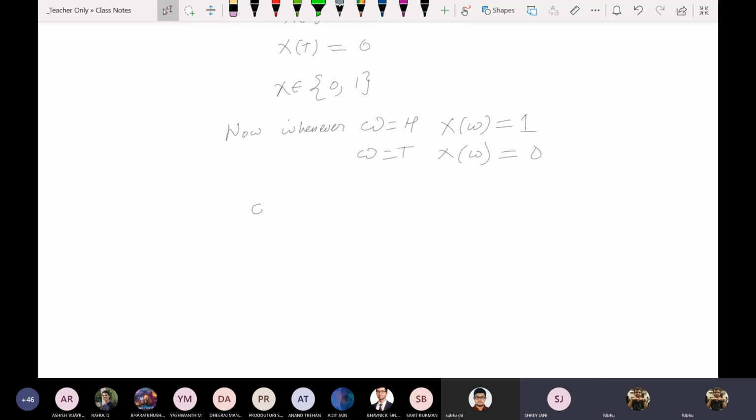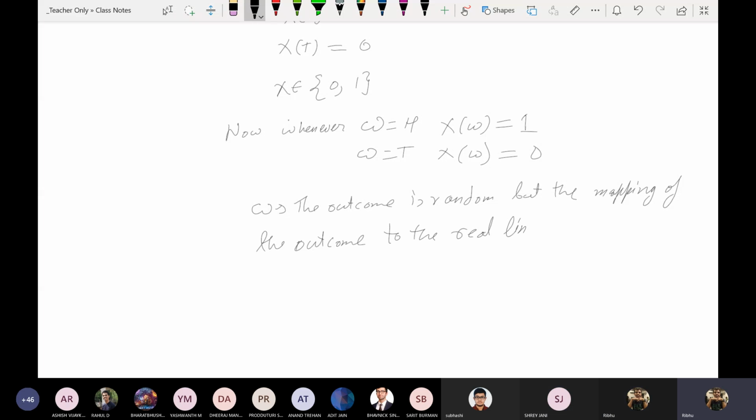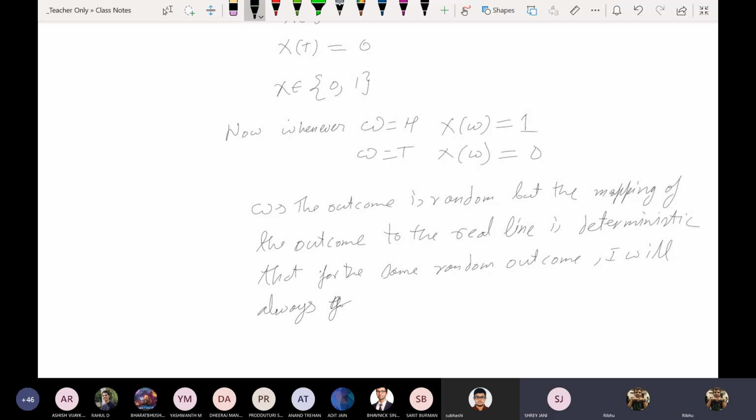So this omega, the outcome, is random, but the mapping of the outcome to the real line is such that for the same random outcome, I will always get the same number.